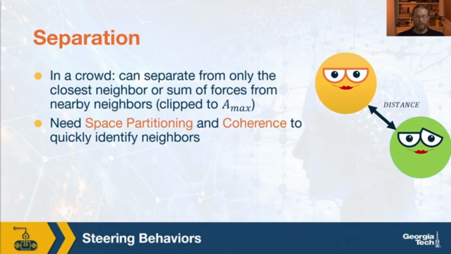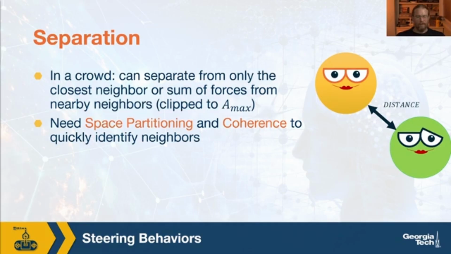With the inverse square, it gets much stronger really close, and then decays the further away you are. So it has more of a smooth effect: a gradual, tiny bit of pushing when they're further apart, but stronger when they're close. So it looks maybe a bit more organic.